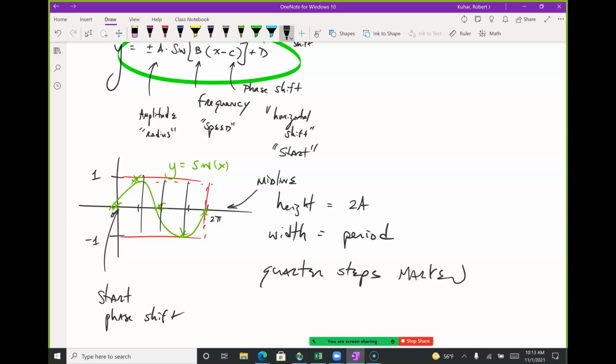The phase shift is where I'm starting this rectangle. So I'm going to find the height of the box, double my radius. I'm going to find the width of my box, the period. I'm going to find the start of the box. I'm going to find the quarter steps, and then I'm going to find the midline to shift up and down.